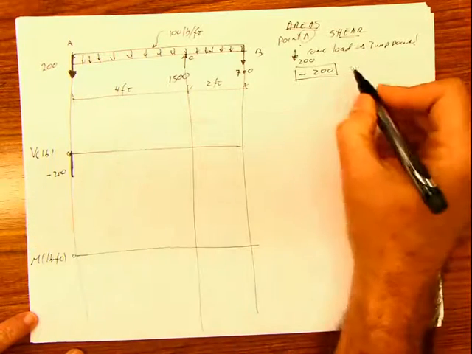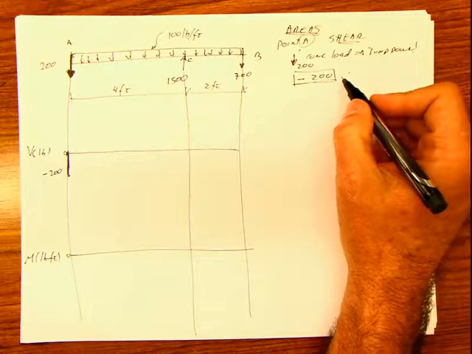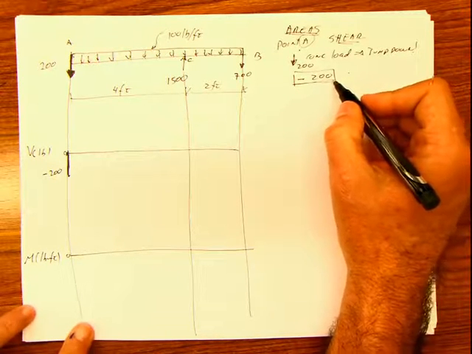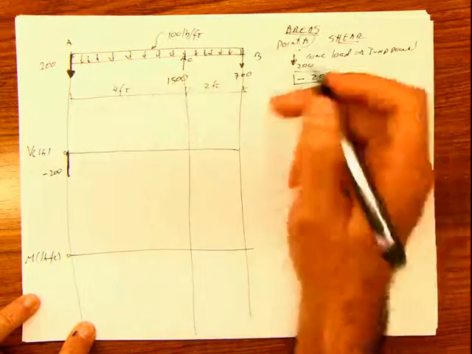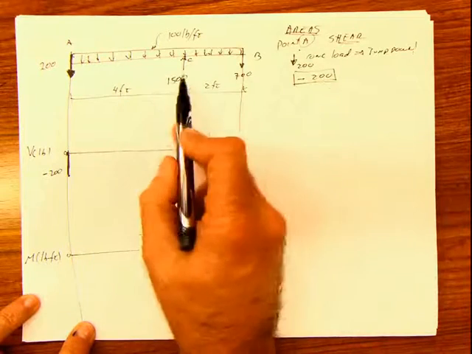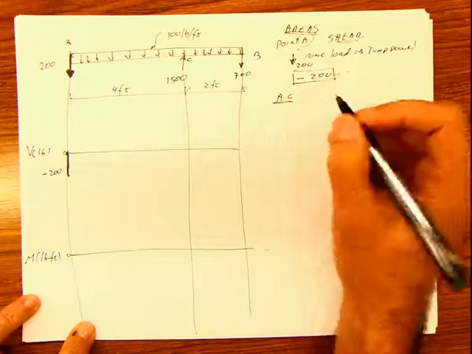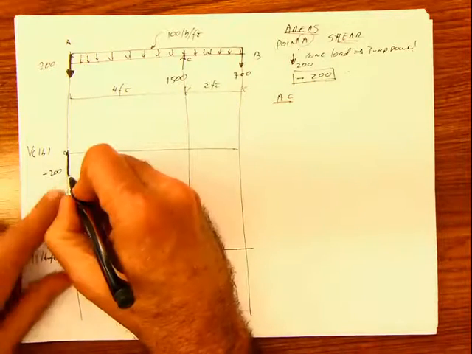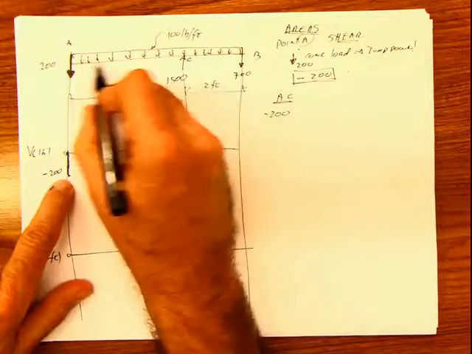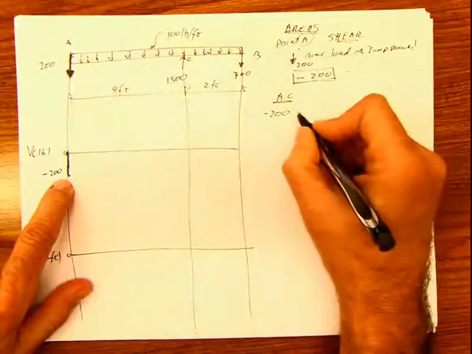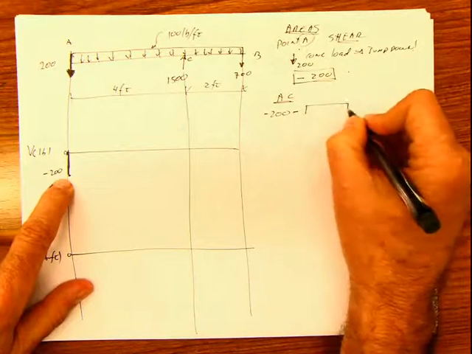And I want you to explain something like that when you solve it using the method of the areas, just to be sure that you are solving it and I have something to grade. Now we go to the span AC. Remember, this is point, span, point, span, point. Now I go AC. Well, I start with this value, negative 200, and then I find this area on top of that. That area is negative because the arrows are coming in that direction.